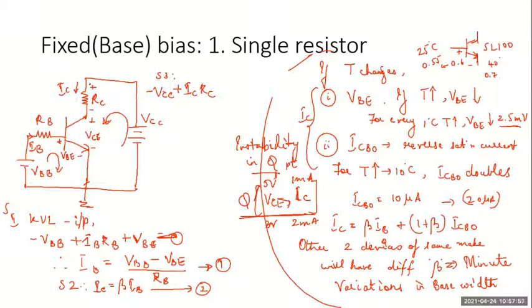Always current flows from higher potential to lower, plus VCE is equal to 0. Or in other words, what is the value of VCE? We are interested in fixing the value of the collector emitter voltage. It will be VCC minus IC RC. Call this equation 3. That's it.